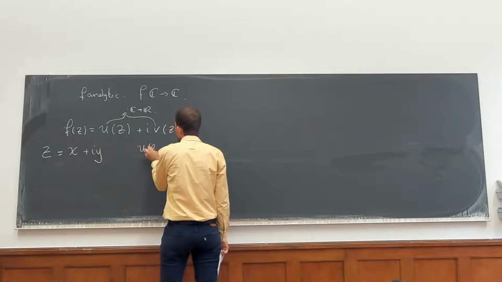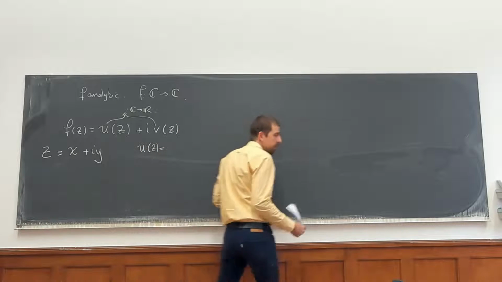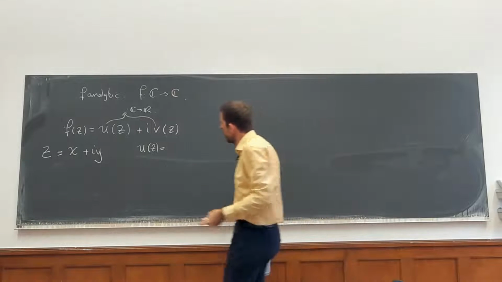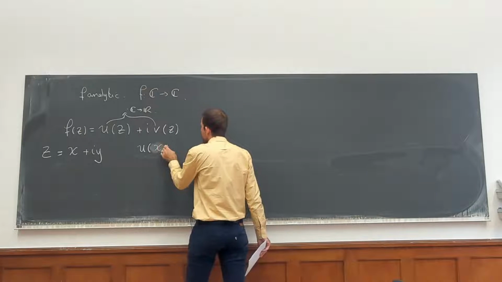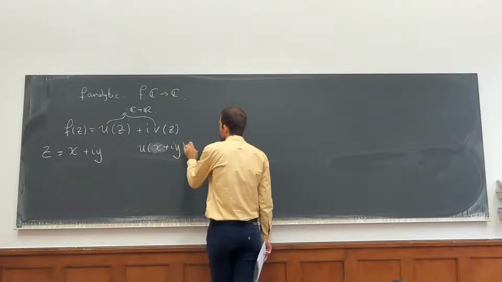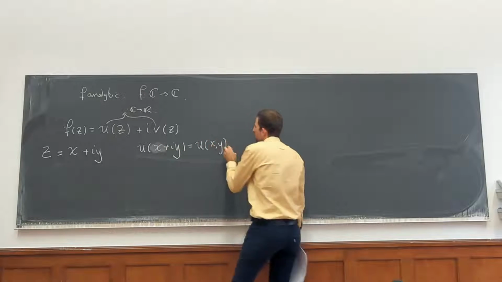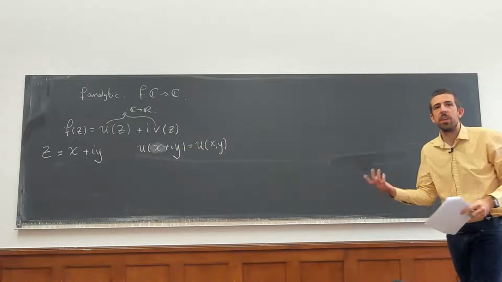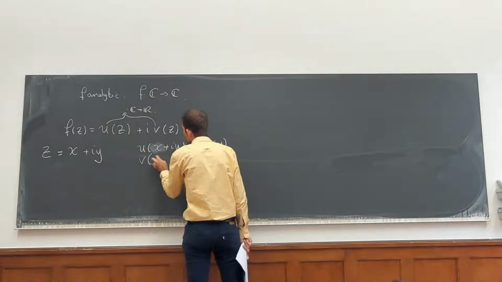We'll think of z as x plus iy, and so we can really think of u of z as, with a bit of abuse of notation, u of x plus iy, and I'll represent it as u of x, y. I want to look at partial derivatives and be able to say what they satisfy, and the same thing for v.